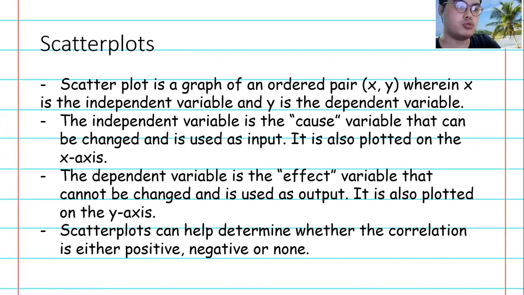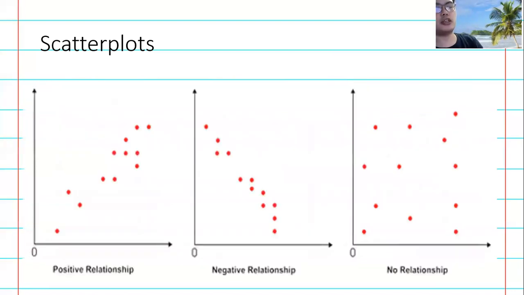Allow me to present different types of scatter plots. The rising scatter plot means that the relationship is positive, so this can indicate that the correlation coefficient is positive.